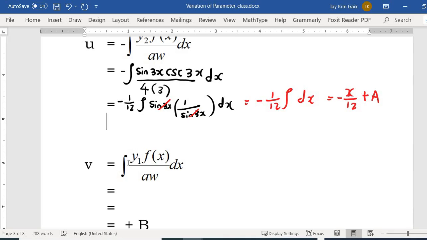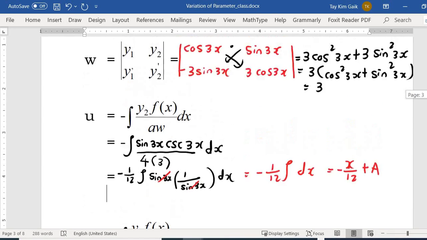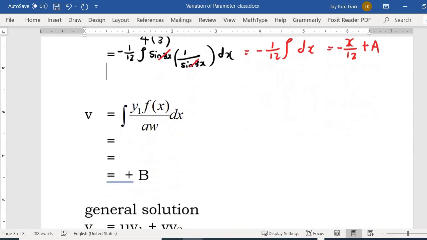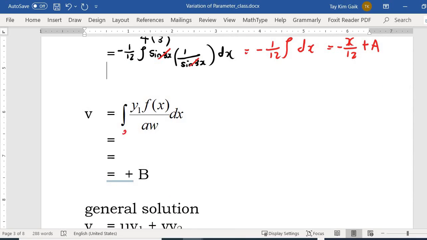Then you find the v, which is the integral of y1 fx over a w dx. In step 2, y1 is here, cos 3x. Then you put your y1, cos 3x. fx is the cosec 3x, a is 4, w is 3.